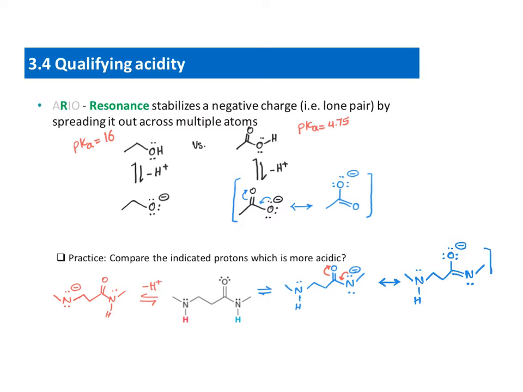Alright, so now as you can see, this anion can do resonance, but this one cannot. So this anion is more stable than the other one, meaning that this proton is more acidic.